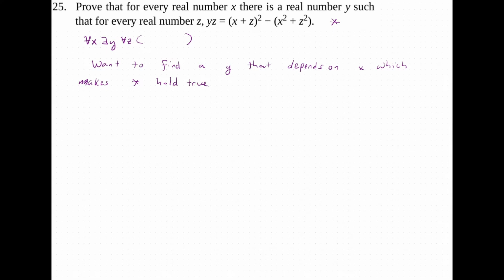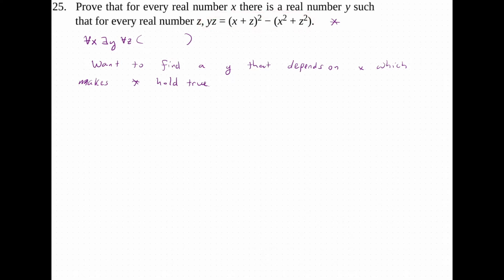Since by the way that this is phrased, in terms of the quantifiers, we have that y depends on x. So for every single real number x, we can find such a y. And so we want to be able to write y as y equals some quantity in such a way that we do have this equality.